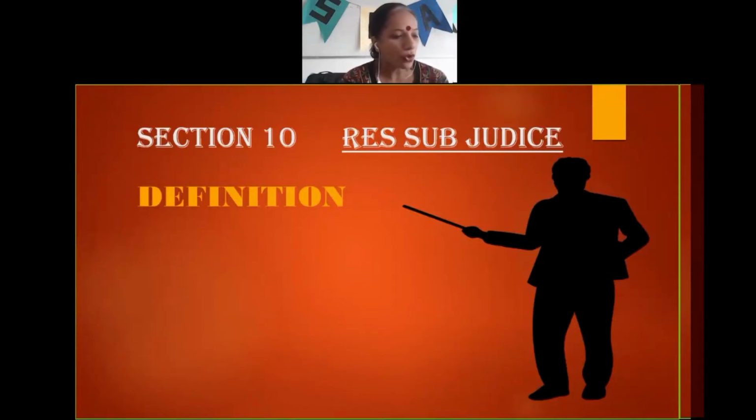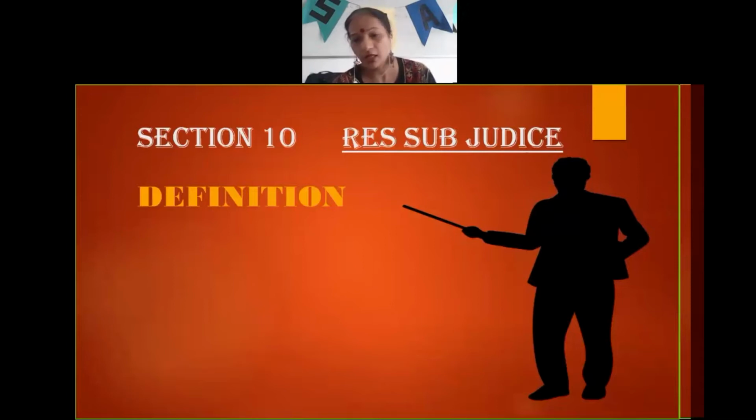No court shall proceed with the trial of any suit in which the matter in issue is also directly and substantially in issue in a previously instituted suit between the same parties, or between parties under whom they or any of them claim litigating under the same title, where such suit is pending in the same or any other court in India having jurisdiction to grant the relief claimed, or in any court beyond the limits of India established or continued by the central government and having like jurisdiction, or before the Supreme Court.